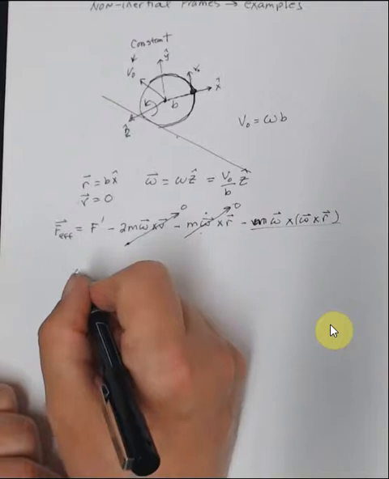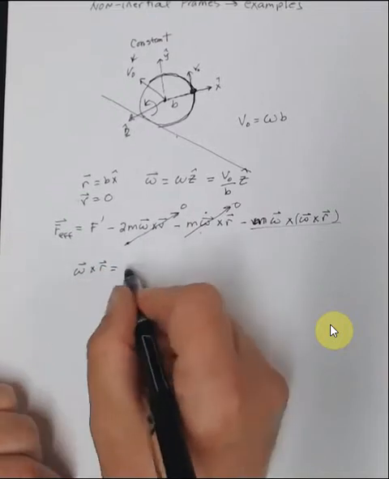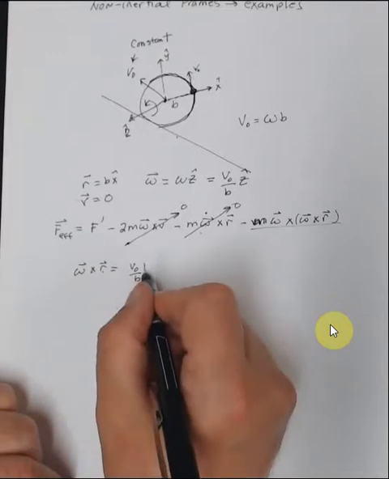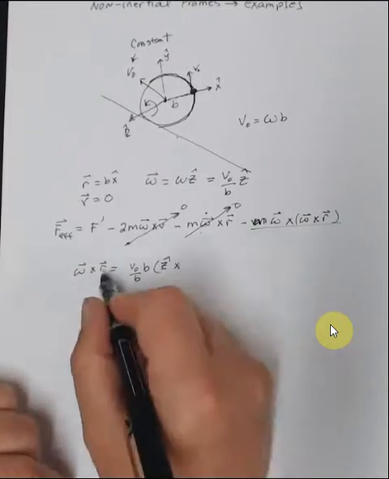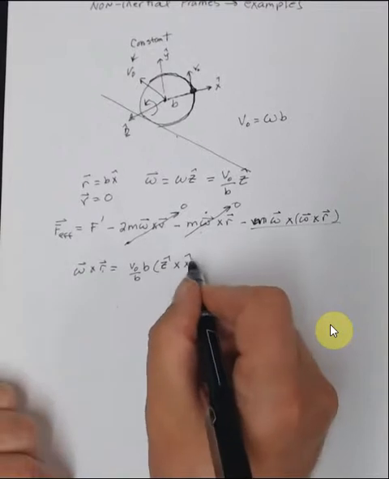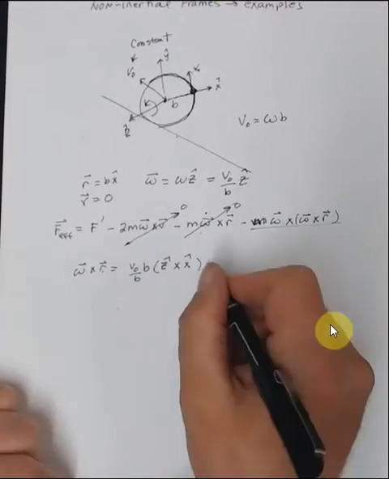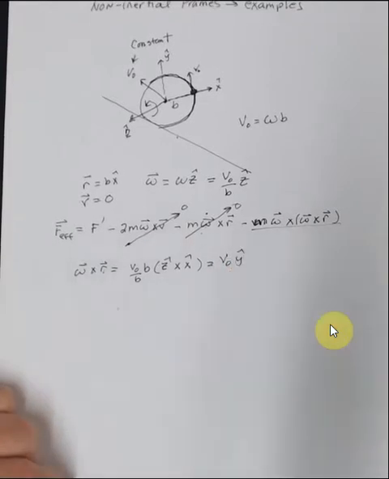So let's look at omega cross r first. Omega is v naught over b in the z direction, and r is b in the x direction. So z cross x is in the y direction. You can use your right hand to figure that out.